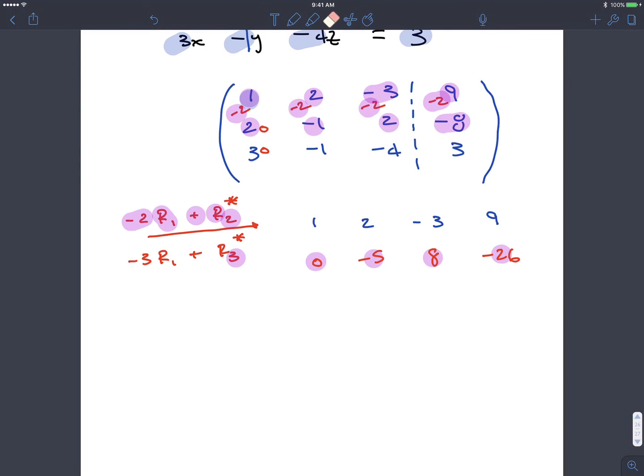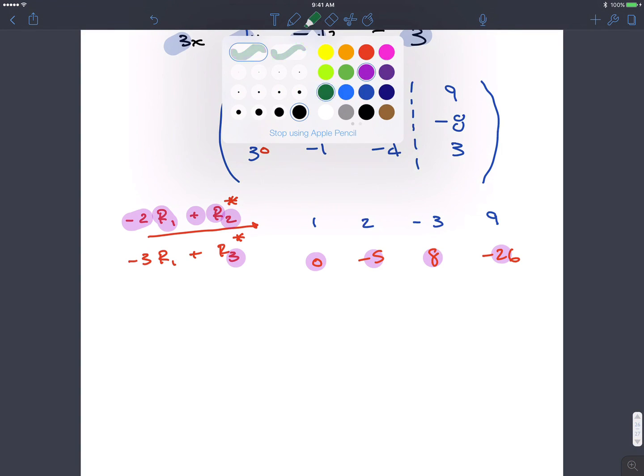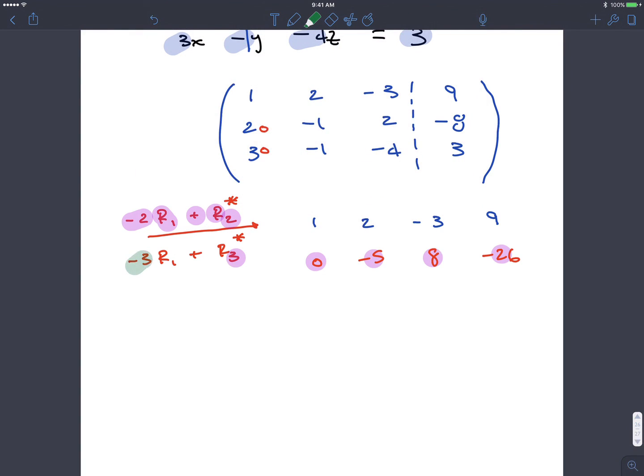Now, let's go back and carefully remove the highlights, because we're going to repeat this process. This time, we're going to multiply row 1 by negative 3 and add it to row 3.